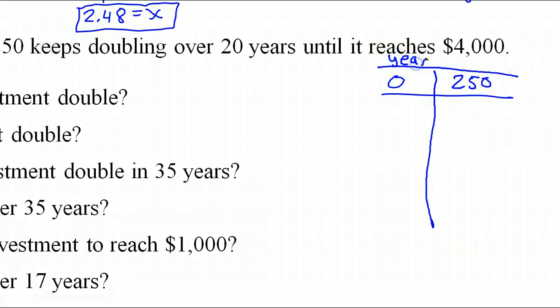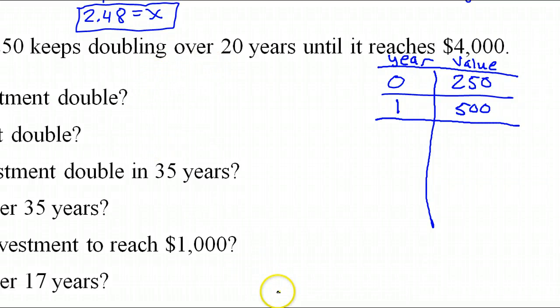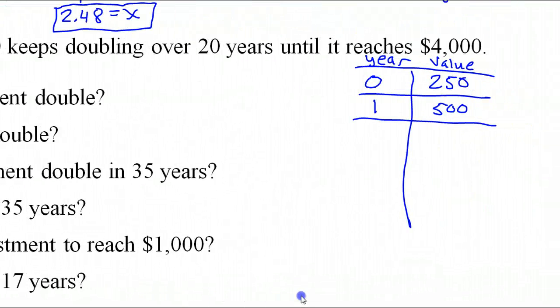So this is the year, and this is the value. Year 0, we're starting off with $250. One year later, we're at $500 because it's doubling. It keeps doubling. Well, hold on, I lied. Here's the deal. These aren't years. These are just how many times it's doubled.